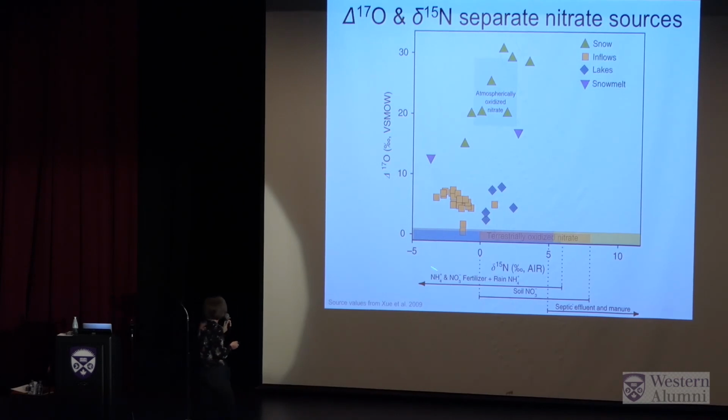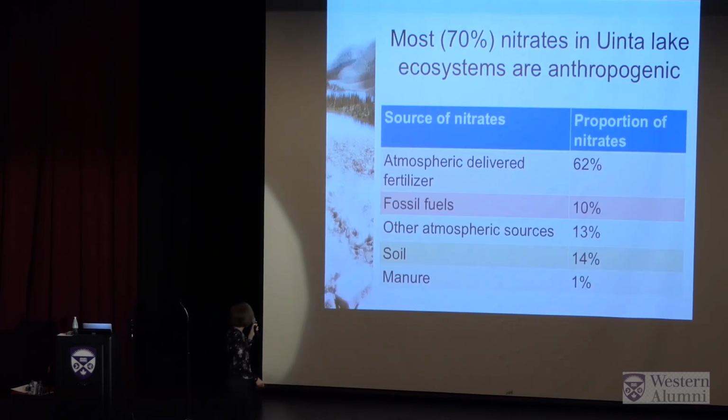Now we can have a look at the different sources here and put it into a mathematical model that helps us tell how much nitrate is coming from these different sources. So I'm going to jump right to the results of that model and show you that most, 70%, of the nitrates in the Uinta mountain lakes that I studied are from human causes.